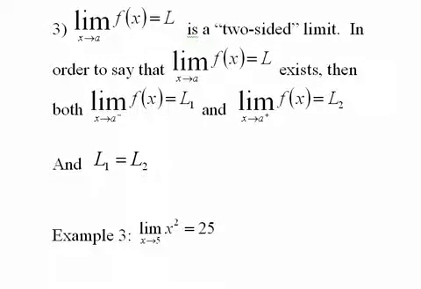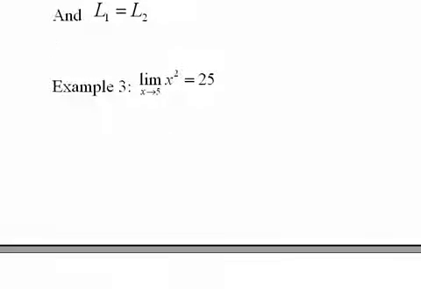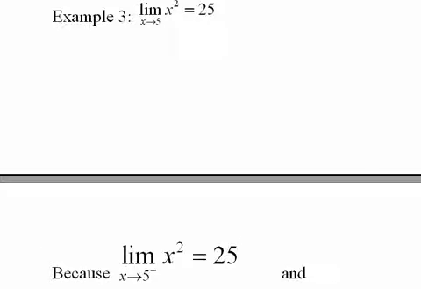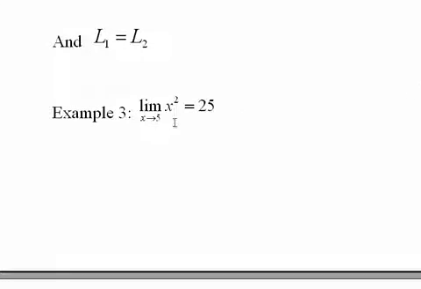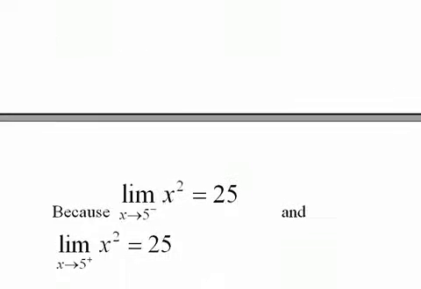Here's example 3. The limit of x squared as x approaches 5 equals 25. And it equals 25 from both sides. Let's take a look and see what we mean here.